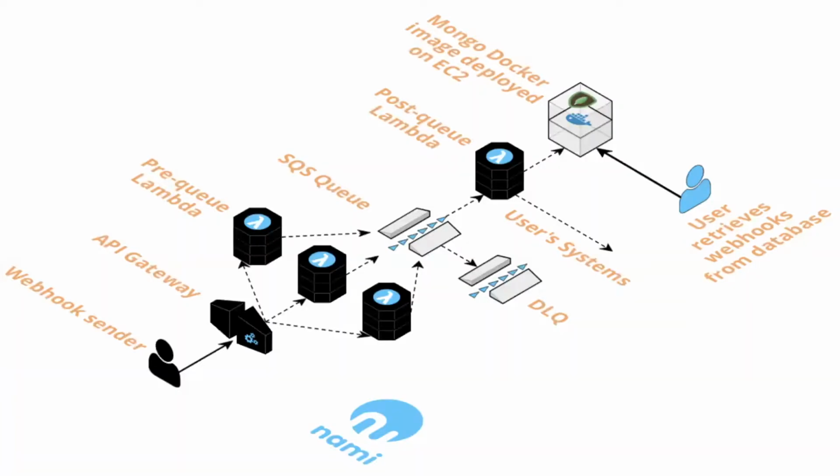And Nami's solution stands up this constellation of AWS services, starting with API Gateway. Then we've got a Lambda layer, we've got a queue, another Lambda layer, and then the data store. So this is the path that event data travels until it's at rest.